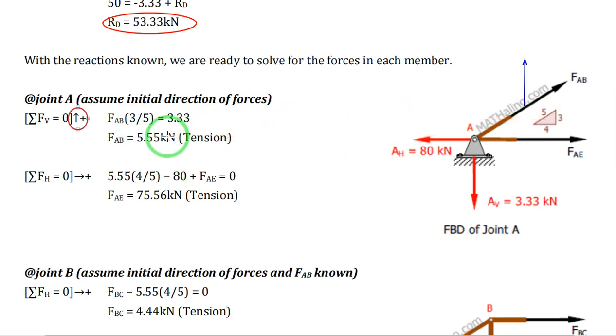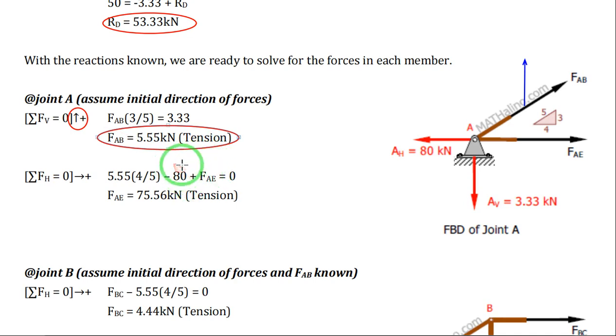That is the vertical component of your force AB, so FAB sine of theta. Your sine theta is 3 over 5. So that is equal to 3.33. So you have your FAB as 5.55 kilonewton, which is in tension. Okay, so it is correct that we have assumed the correct direction of your FAB.